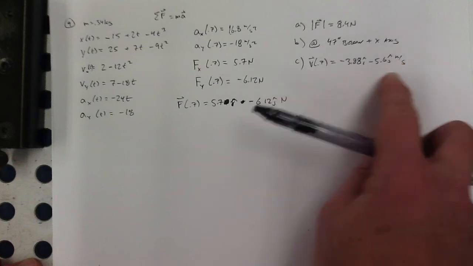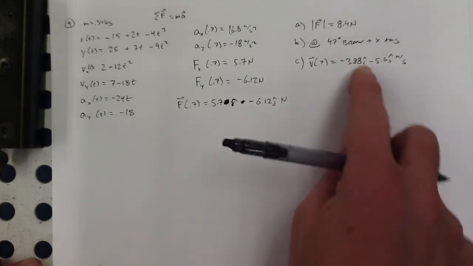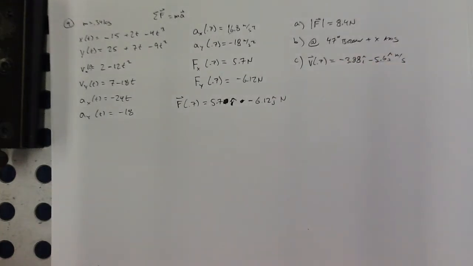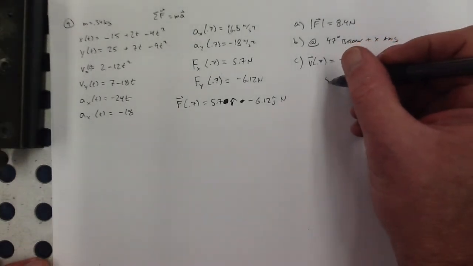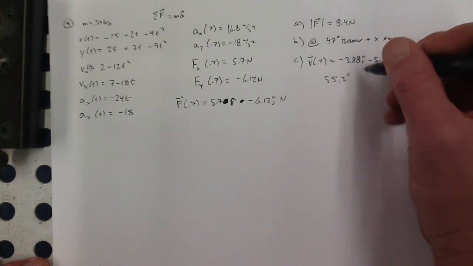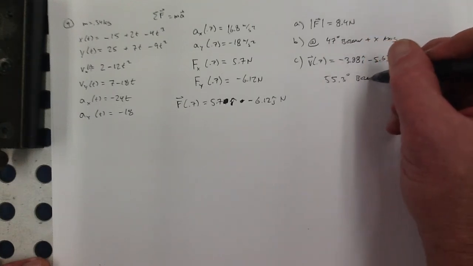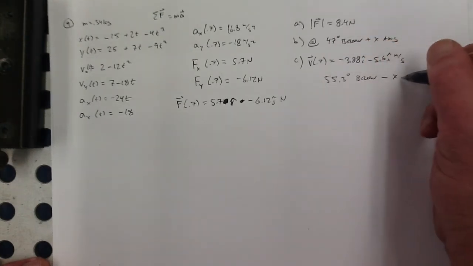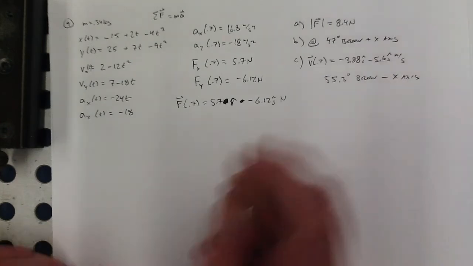So the direction of travel is the direction of the velocity. That's in the third quadrant. Tangent inverse 5.6 over 3.88. That is 55.3 degrees below the negative x axis.